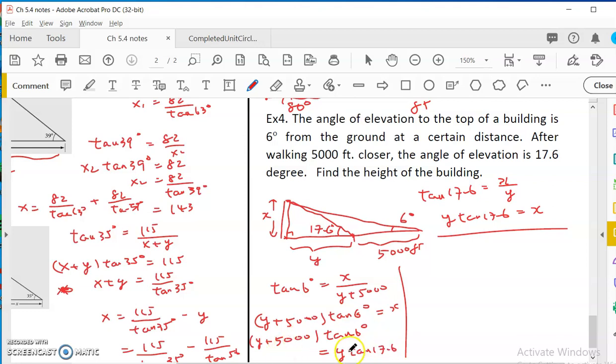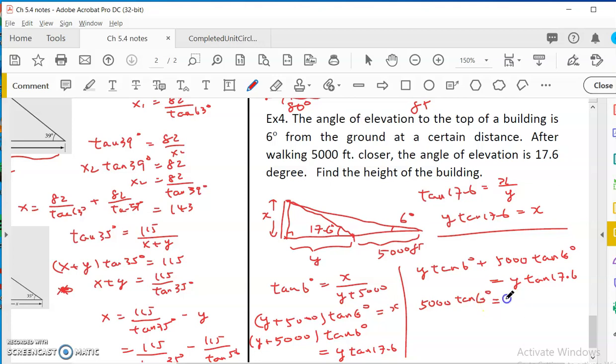So my new equation now only has y as the unknown. Distribute on the inside: y times tangent 6 degrees plus 5,000 times tangent 6 degrees is equal to y times tangent 17.6. How do I solve for y? I have to isolate y on one side. So move this y to the other side. I would have 5,000 tangent 6 on the left-hand side.